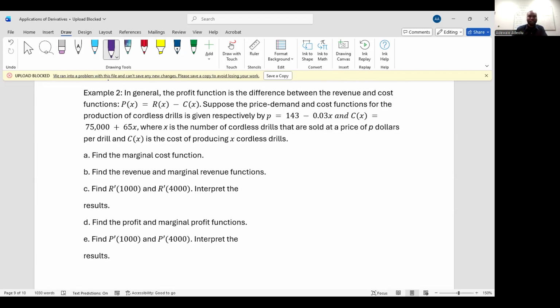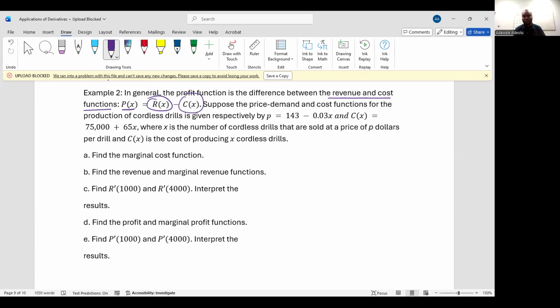Okay, in general, the profit function is the difference between the revenue generated and the cost of production. To know the profit, what do you generate? Subtract the cost of production from it, then you have your profit. I've told you how to find revenue: your unit price multiplied by the number of items. For profit, it is the revenue generated minus costs.